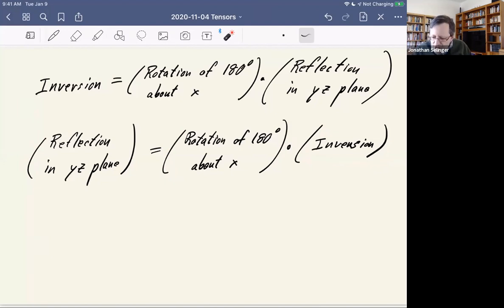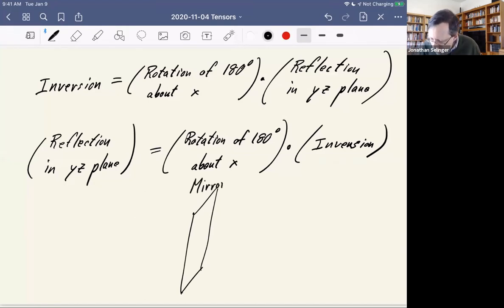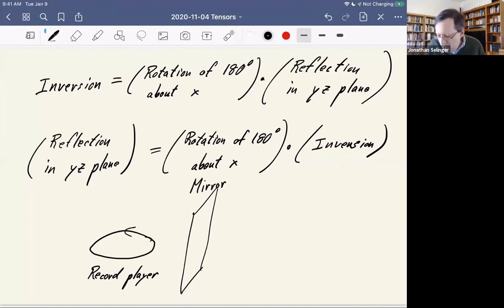Okay. So let me just show you one quick example of that, because this is something that I was so confused about when I was a student. Okay, so suppose we go back to this mirror image thing. Here's our mirror, and over here we have a record player, spinning a disc of vinyl. So it spins around in this direction.